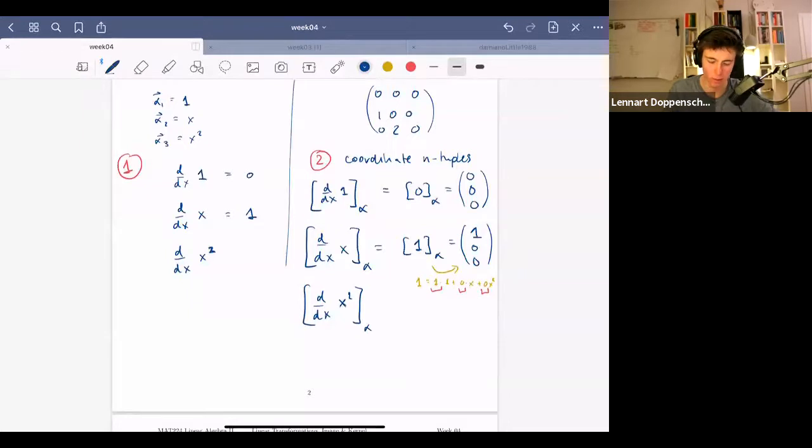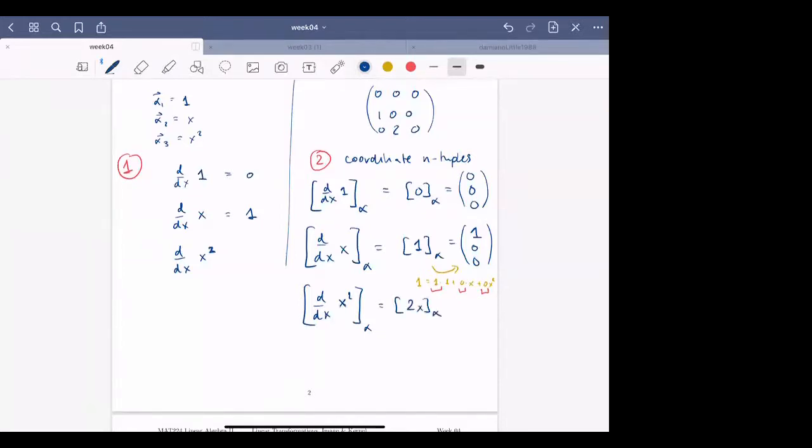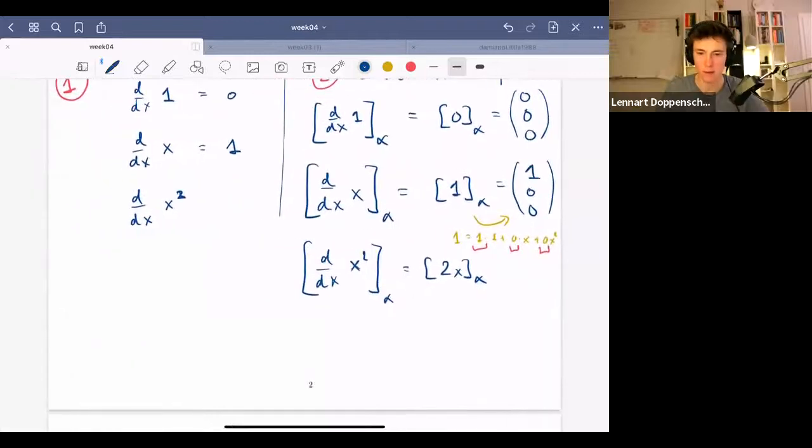So when we apply d by dx, this transformation, to x squared, we get 2x. And then when we want to find the n-tuple, we express 2x in terms of 0 times 1 plus 2 times x plus 0 times x squared.